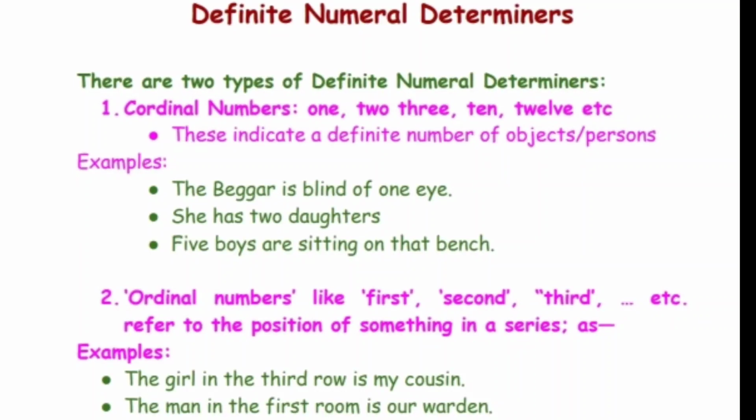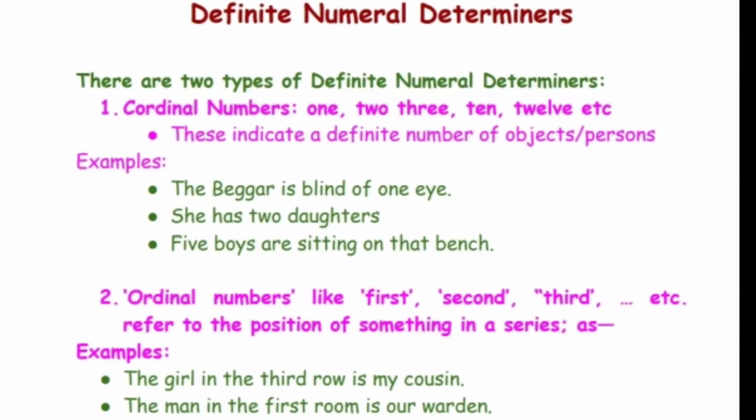They refer to first, second, third, 10th, 20th, all these things. For example, we can take: the girl in the third row is my cousin. So here third shows the position of the row.